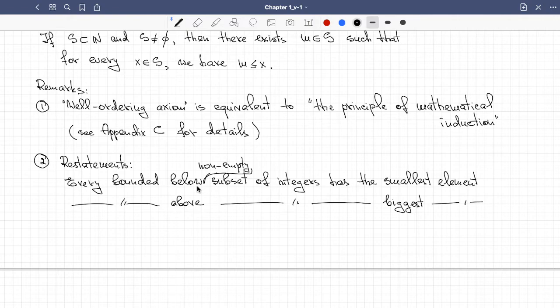Clearly an empty set doesn't have a smallest element or a biggest element, for a very good reason: it doesn't have elements at all. If your set was non-empty, sooner or later, going down from 100, you find an element, and that's going to be the biggest element of your set.